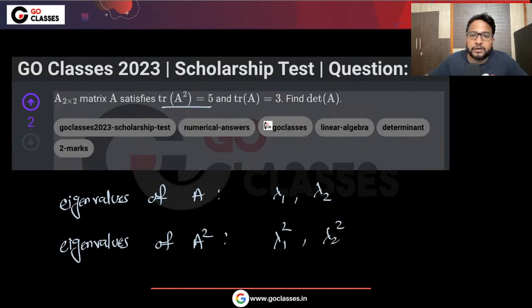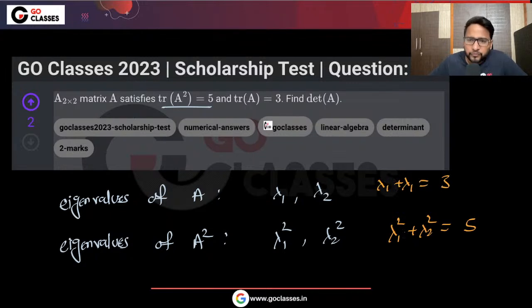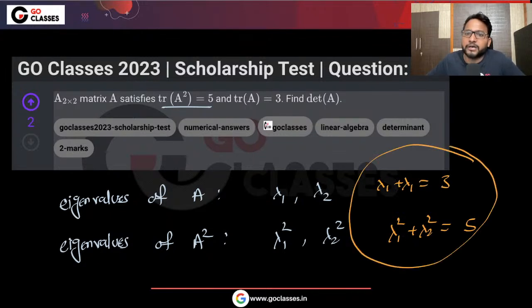So the trace of A square, which means lambda 1 square plus lambda 2 square, is given as 5, and lambda 1 plus lambda 2 is given as 3. From this you need to find the determinant, basically lambda 1 into lambda 2.